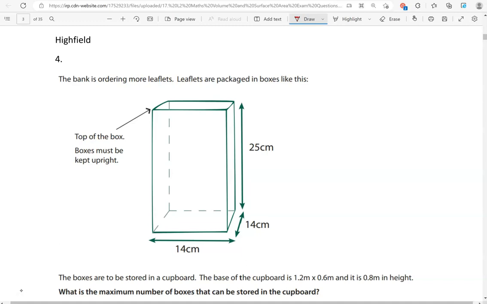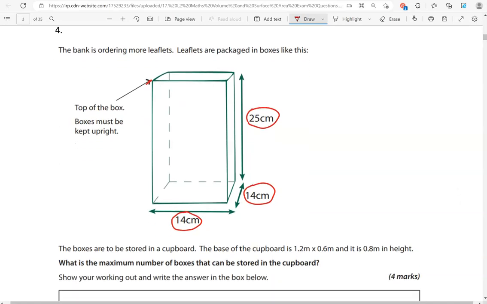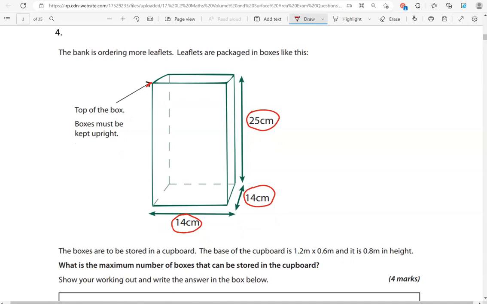We've got the dimensions of the box, and that is 14 centimeters by 14 centimeters by 25 centimeters. And it says that this is the top of the box here, and boxes must be kept upright. Then we have the dimensions of the cupboard.